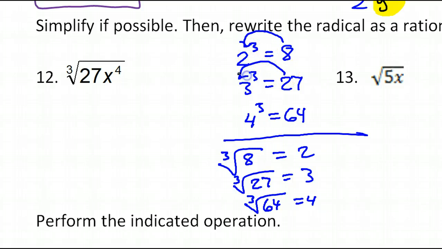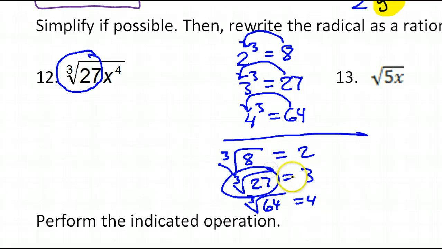It takes you back to the number before it was cubed. Okay, that's what the cube root does. So when I see that I've got the cube root of 27 right here, I'm hoping it starts to jump out at you that that's just going to be 3. Alright, so it's just a matter of how do we separate it from the x to the 4th power. And here's how we do that.